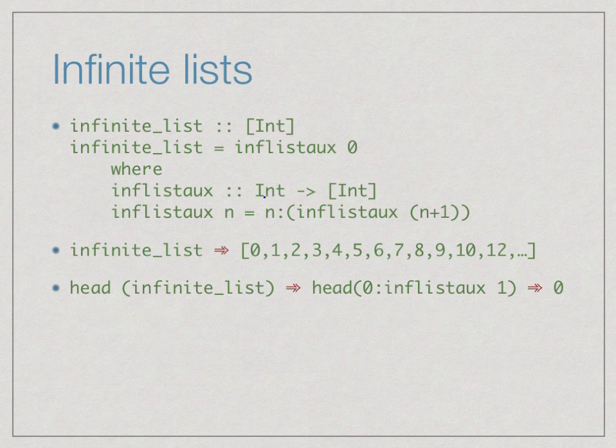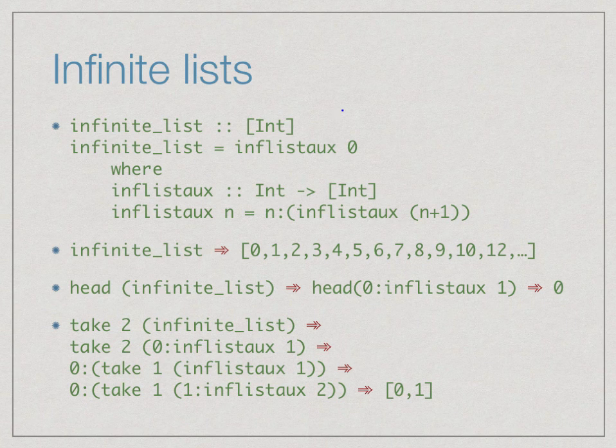But head needs some values in the list in order to compute the head. So I will expand infinite list just enough. It will be expanded as inflist aux 0, which will in turn become 0 colon inflist aux 1. At this point we have a value, so head will come out as 0.